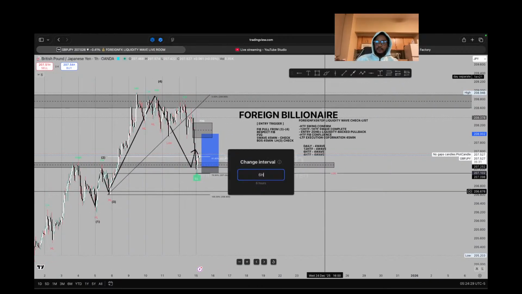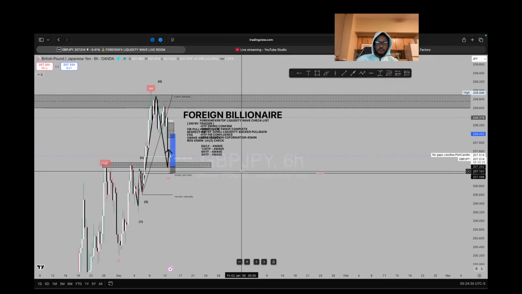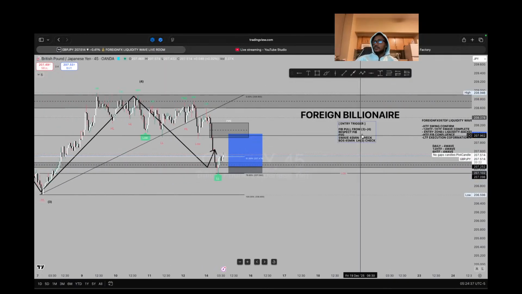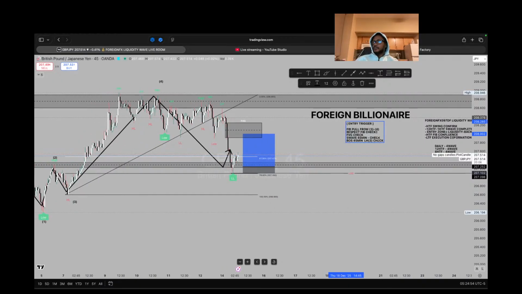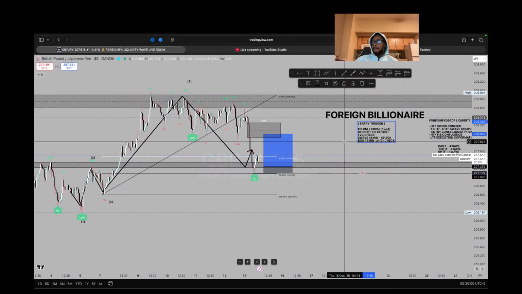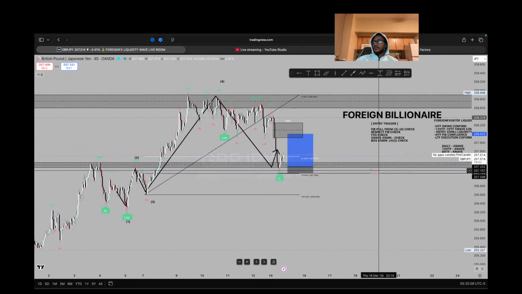Are we playing inside of a fair value gap? Yep. So I'm just checking off my checklist. 1, 2, 3, 4. So everything is checked for a solid buy. Yeah, sure.